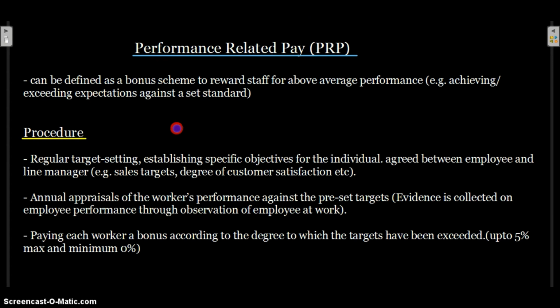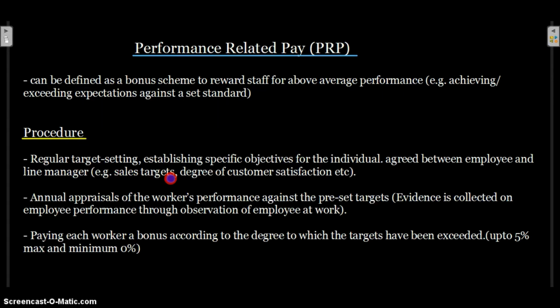What is the procedure for it? There's a regular target setting, establishing specific objectives for the individual, which are agreed between employees and the line manager, like sales target, degree of customer satisfaction, etc. A certain target or goals are set, so if the employee exceeds those goals by a lot, then you can say he had above average performance since he has overcome his target and is making more sales than the set target.